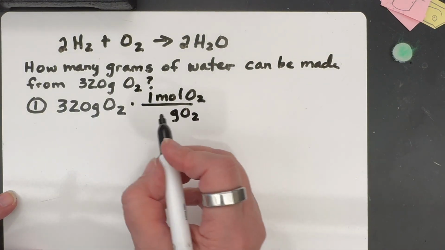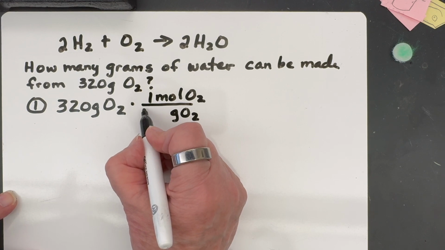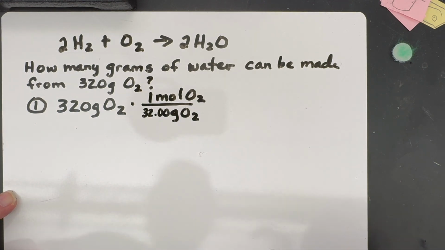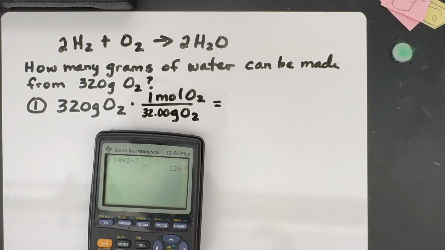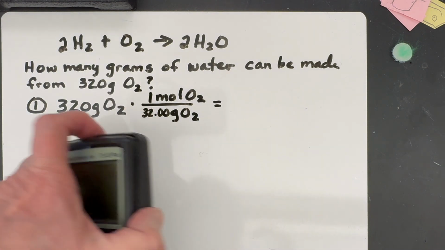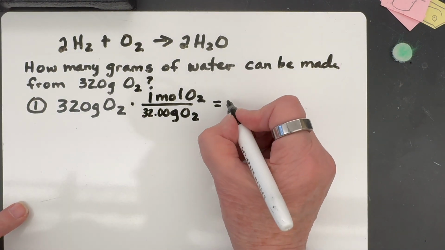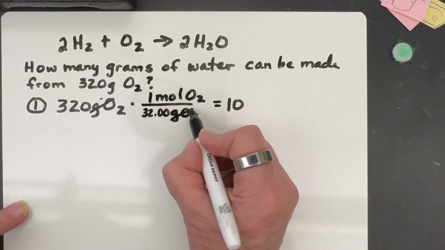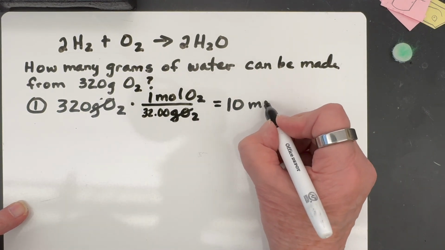Well, we have 2 oxygens, so we have to double that. 32.00 grams per mole. So we have 320 divided by 32, which is 10. Our grams of O2 cancels, and we now have moles of O2.